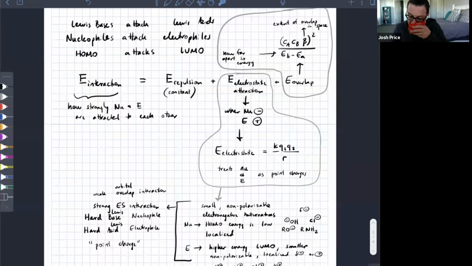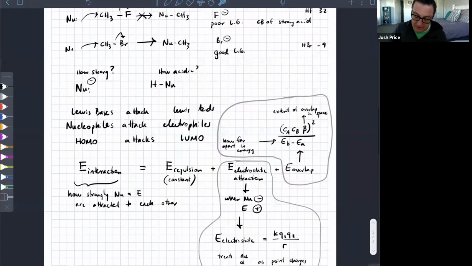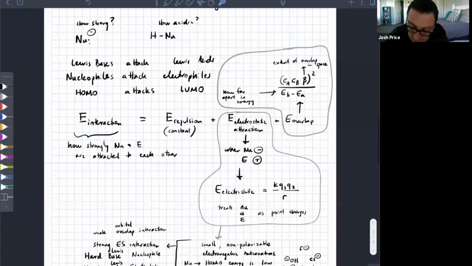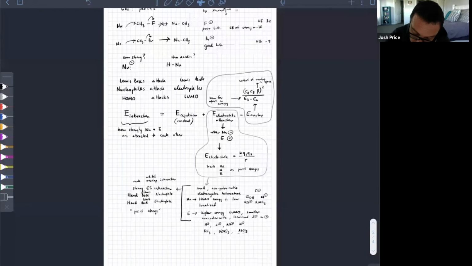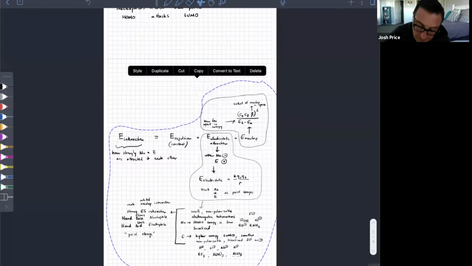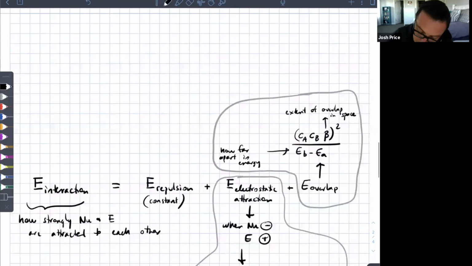Okay, so let's talk about the soft electrophiles. What do these tend to be?